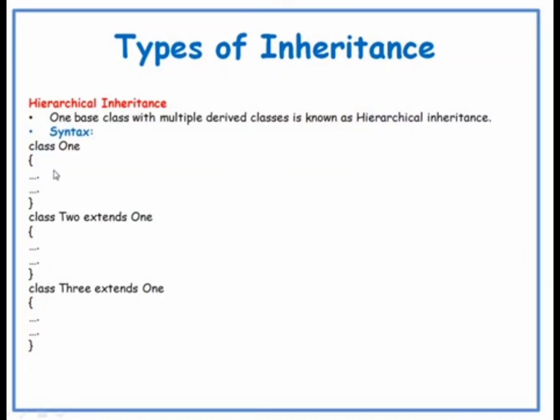In the previous example we extended the previous class, but here extends is for the first class. One superclass can derive more than one subclass, so it is called hierarchical inheritance.